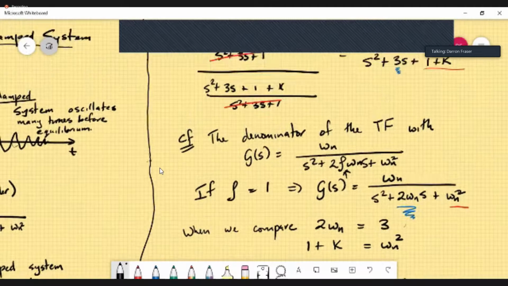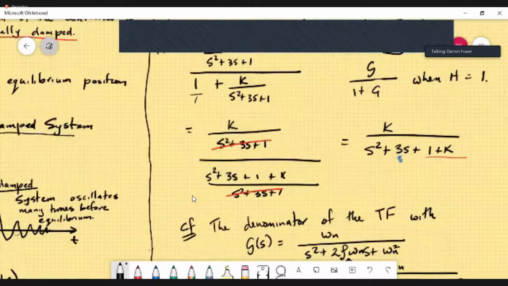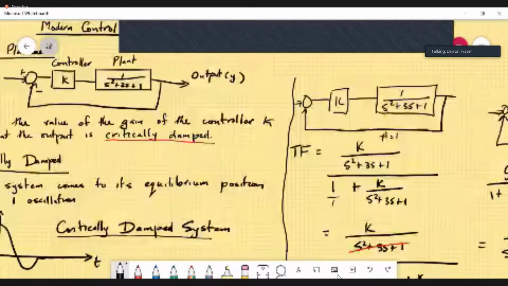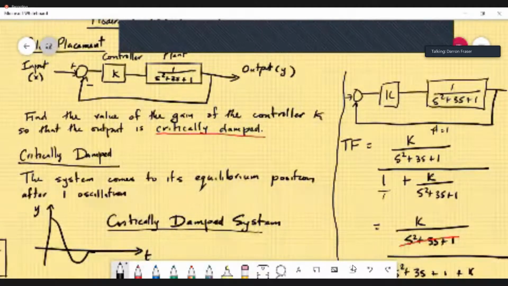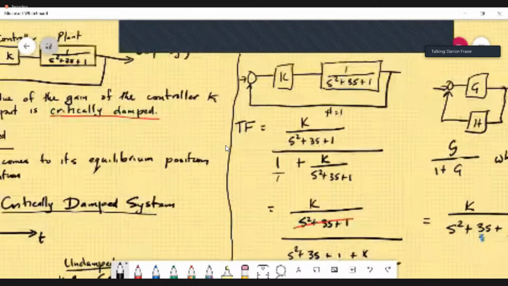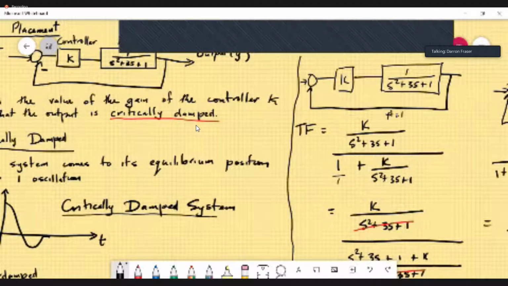So we'll just rehearse what we did here. First of all, the problem says calculate the value of the gain of the controller K so the output is critically damped. Critically damped is a desired output, and that is what control is about.